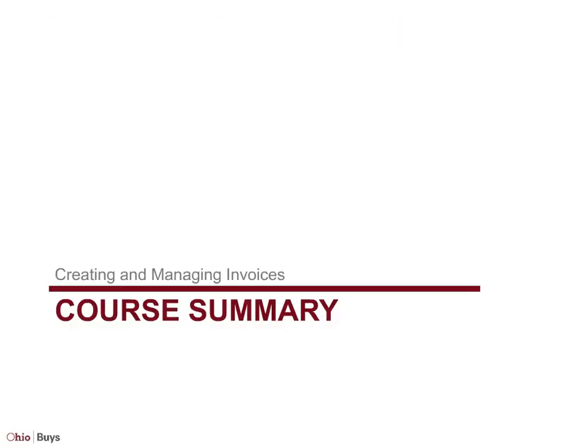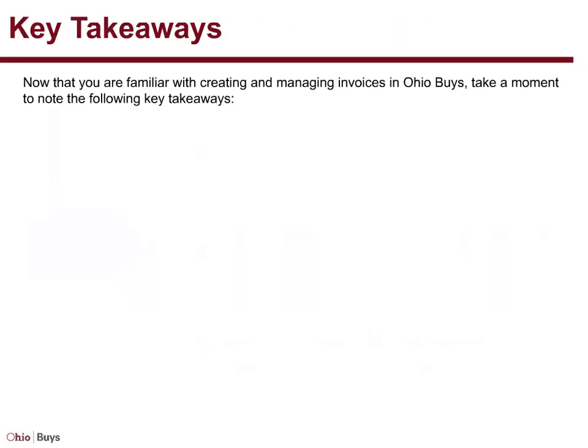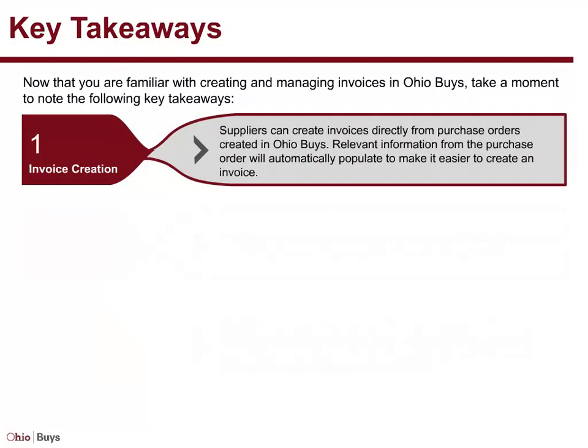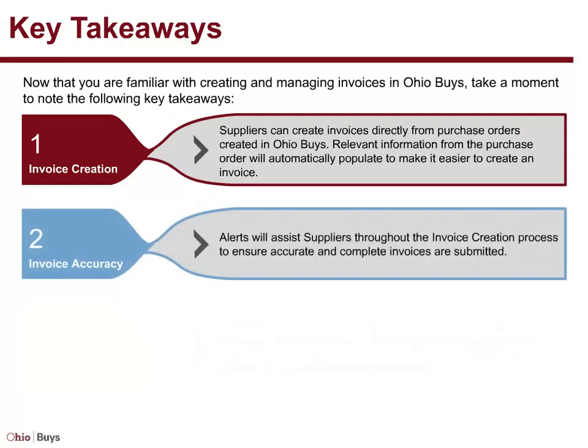Course Summary. Now that you are familiar with creating and managing invoices in Ohio Buys, take a moment to note the following key takeaways. Suppliers can create invoices directly from purchase orders created in Ohio Buys. Relevant information from the purchase order will automatically populate to make it easier to create an invoice.